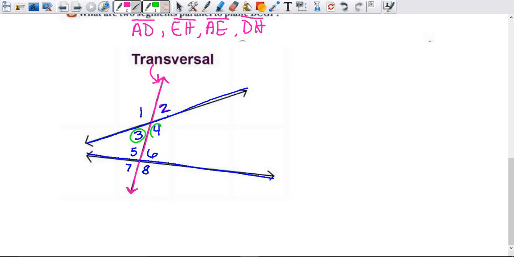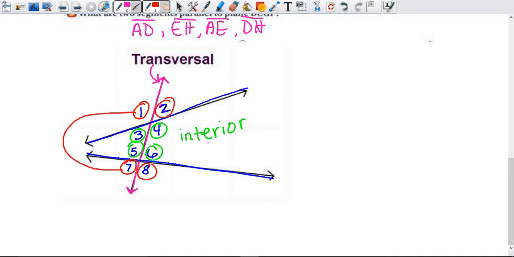These ones right here are called interior angles because they are inside of those blue lines. Then we've got 1, 2, 7, and 8. All are exterior angles.